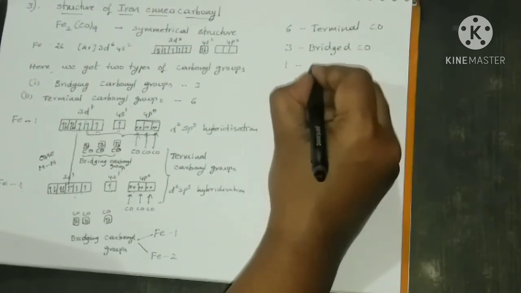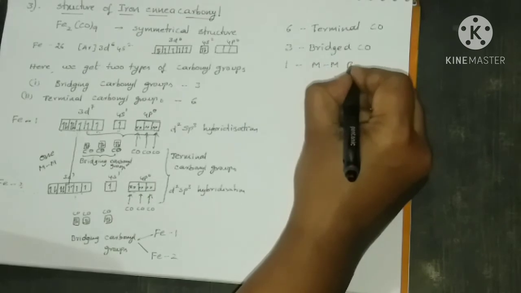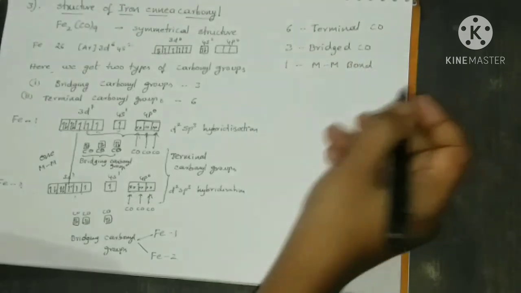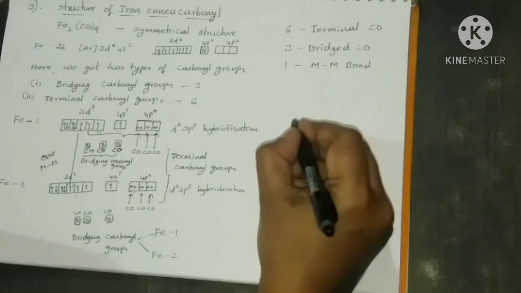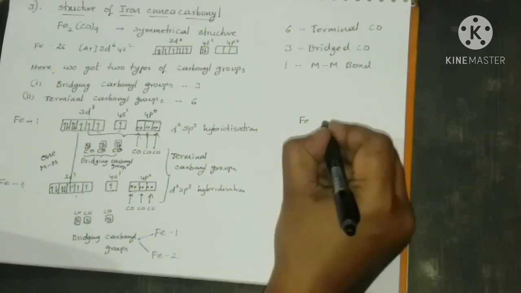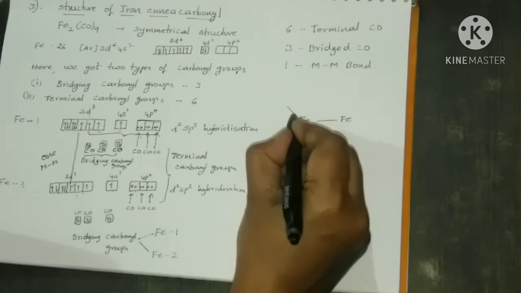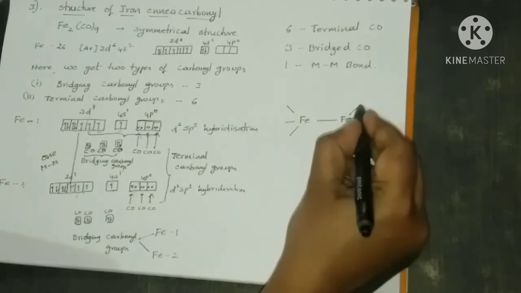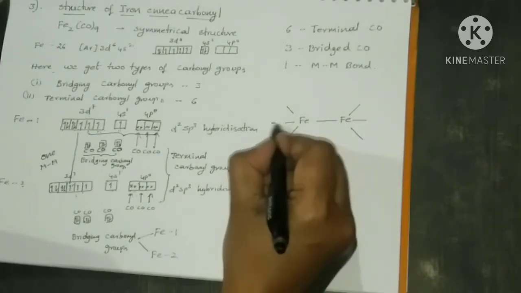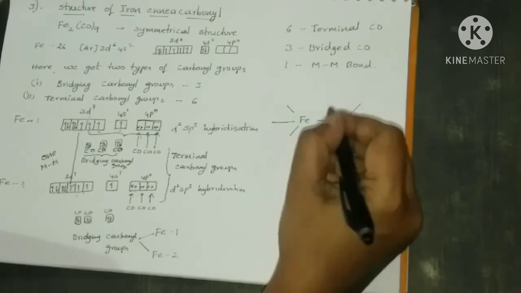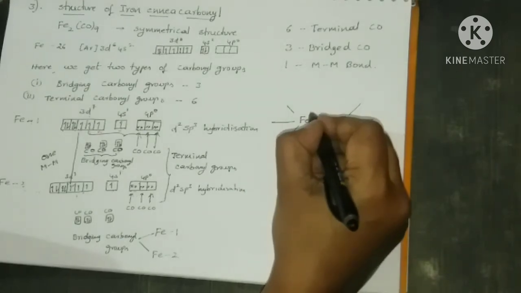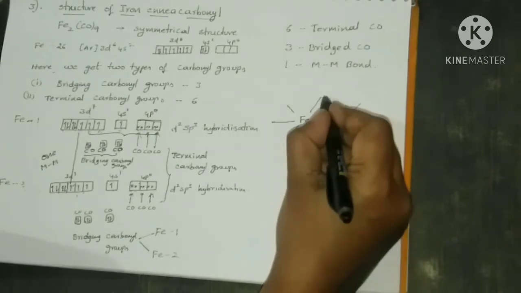and 1 metal bond. Okay, now I'll draw the structure of Fe2 like this. So 1 metal bond, and we have 3 terminal groups, and here 3 carbonyl groups like this, bridged carbonyl groups.